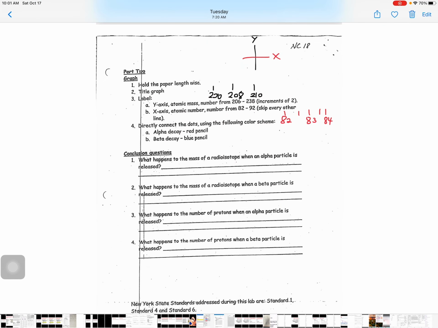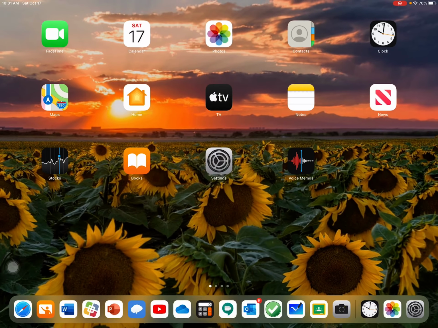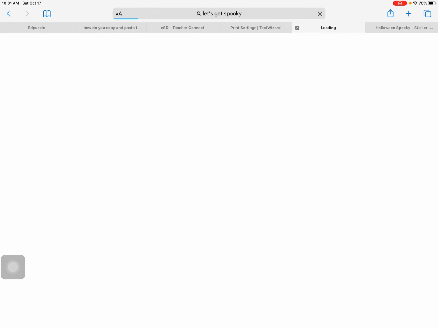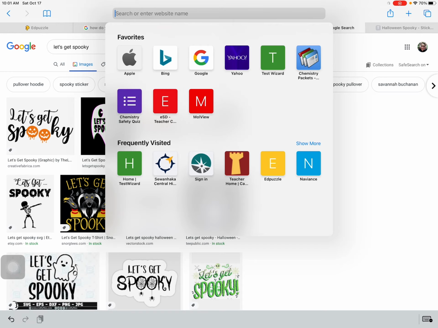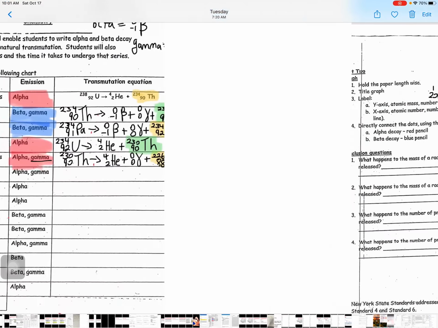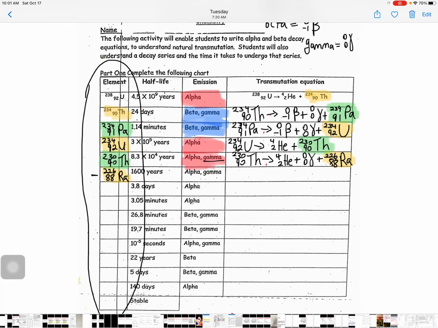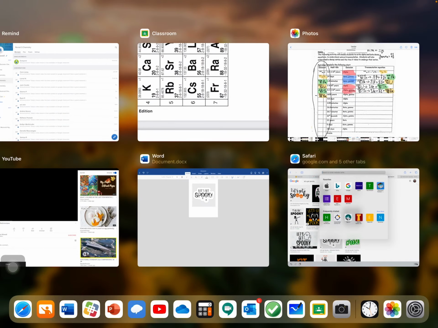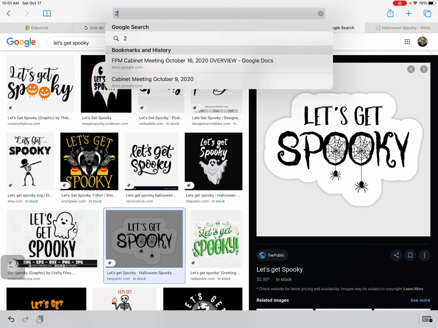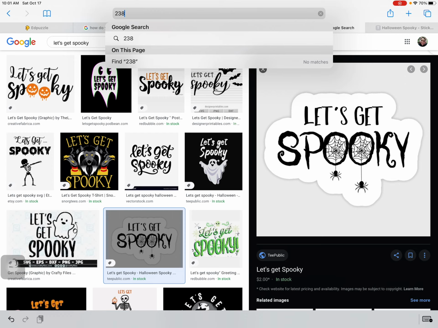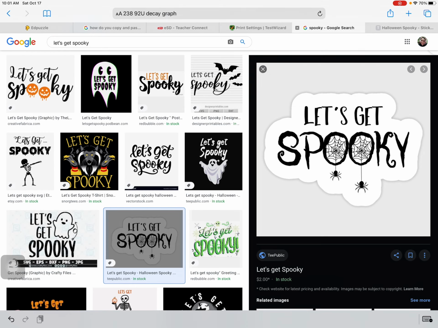And let's go through the conclusion questions, and then I'll kind of give you an idea of what that graph should look like. Actually, you know what? I'll do that now. And this is for the 238, 92 uranium decay graph.